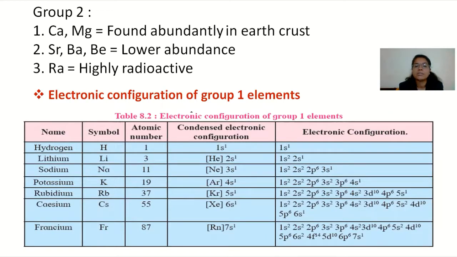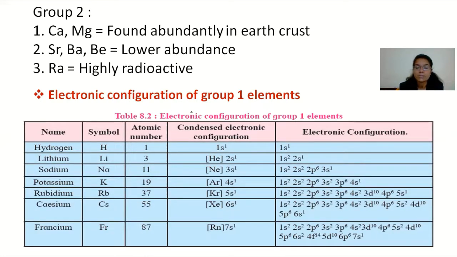And atomic number you can see in the chart, that is hydrogen having atomic number 1. Its electronic configuration is 1s1. Lithium having atomic number 3. Electronic configuration is 1s2 2s1. But in condensed electronic configuration form, we can write it as helium 2s1. Similarly, you can see the electronic configuration of other elements.